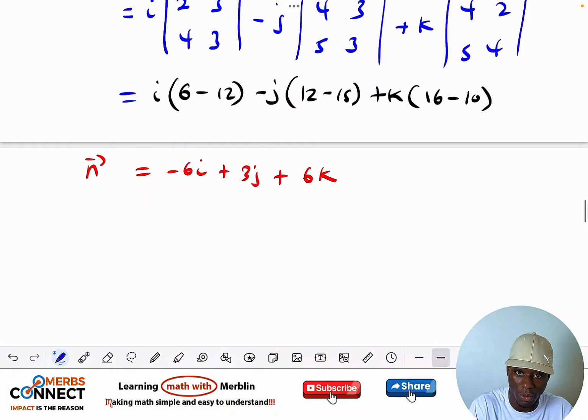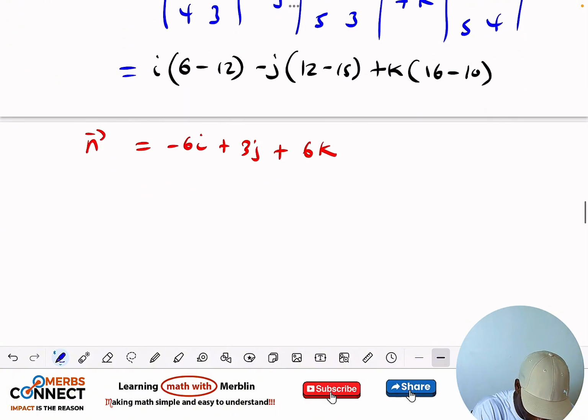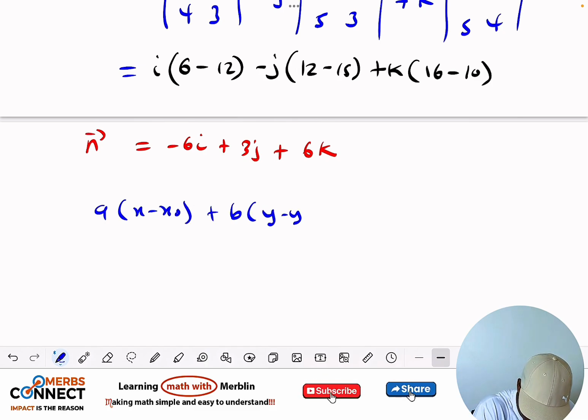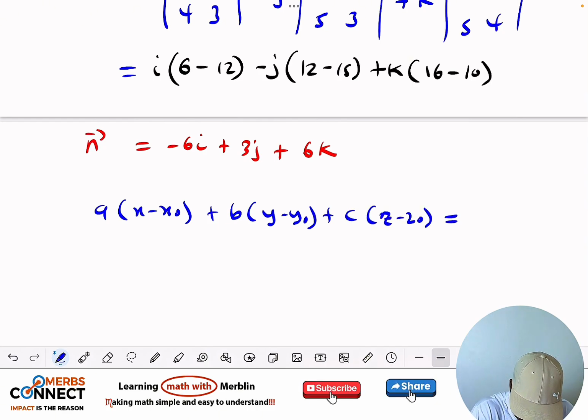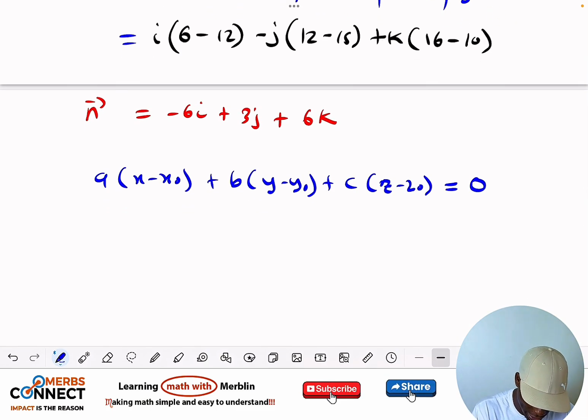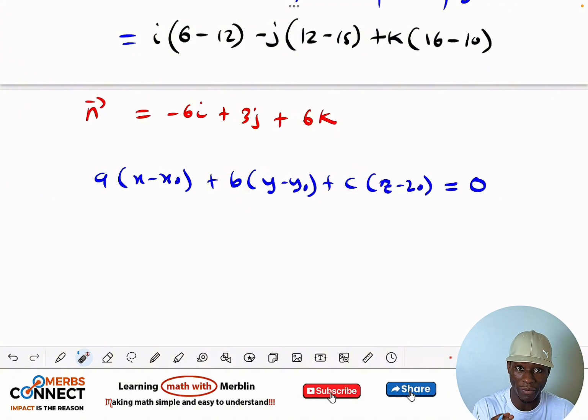Now what is the equation of the plane? We know that the equation of the plane is a(x minus x naught) plus b(y minus y naught) plus c(z minus z naught) is equal to 0. So this is the equation of the plane. Now this a, b, c here are the coefficients of the direction in the normal vector.